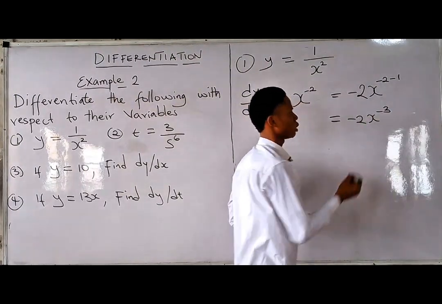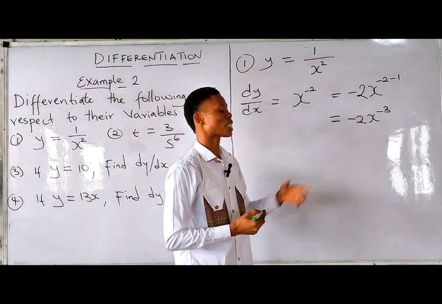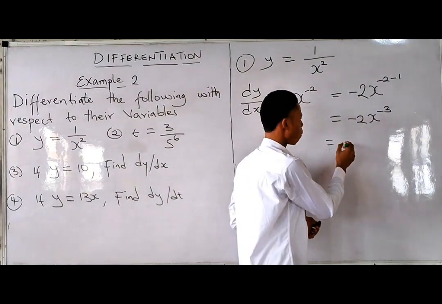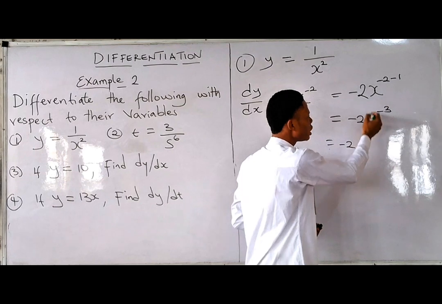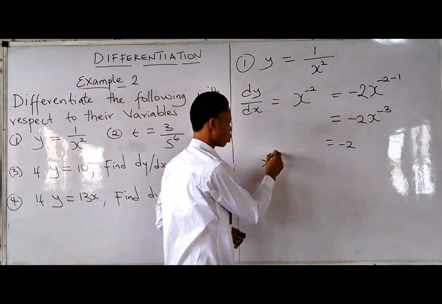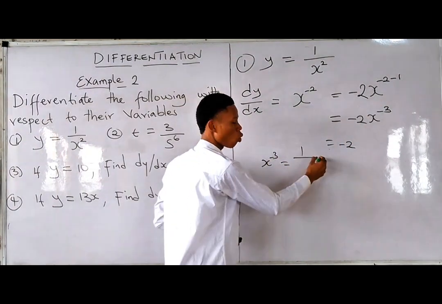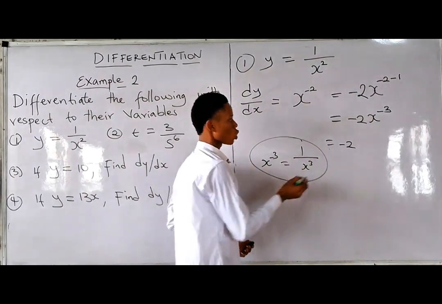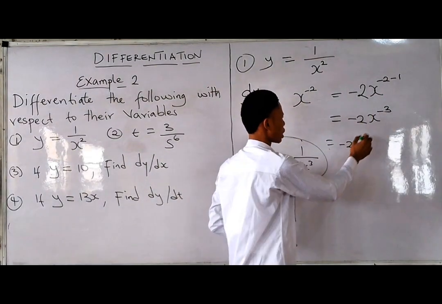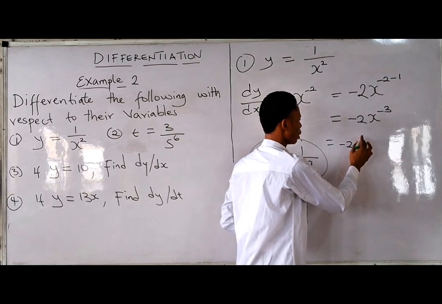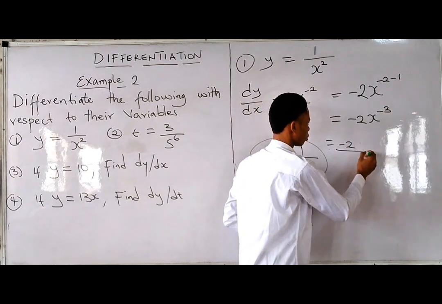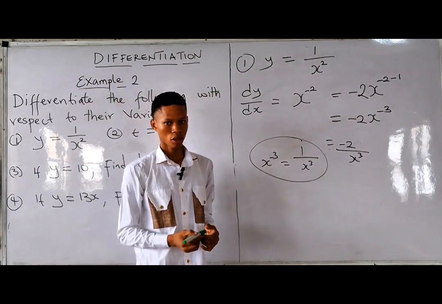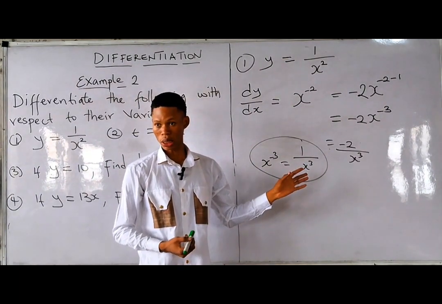Minus 3. Good. You can leave your answer like this, or you can decide to say this is also equal to minus 2. This x raised to the power minus 3 is the same thing as saying 1 over x raised to the power 3, right? Is it not? So I can decide to put it in this format. Did I change anything? Do you understand this?